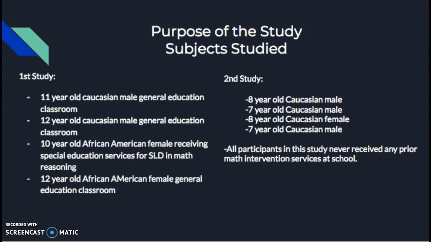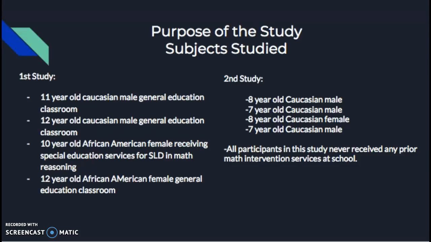The first study had an 11-year-old Caucasian male from a general education classroom, his name was Chris. Adam, a 12-year-old Caucasian male general education student. Doris, a 10-year-old African-American female receiving special education services for SLD in math reasoning, and Irene, a 12-year-old African-American female from the general education classroom.